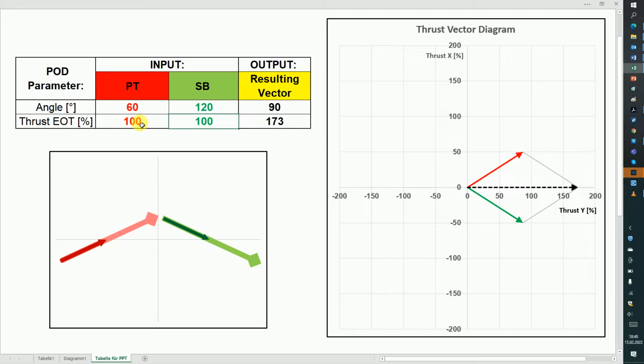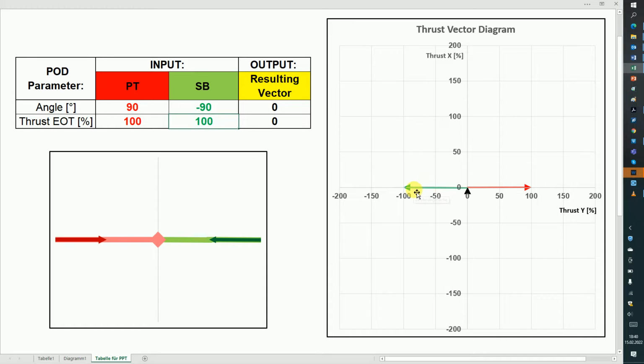Let me explain one for the toe-in configuration. So 90 degree on the port side and minus 90 degree on the starboard side. What we see here is the resulting vector is 0. So this arrow is nearly not to be seen anymore. But if we change it a little bit to minus 80, then we see the force which is generated is about 17%.